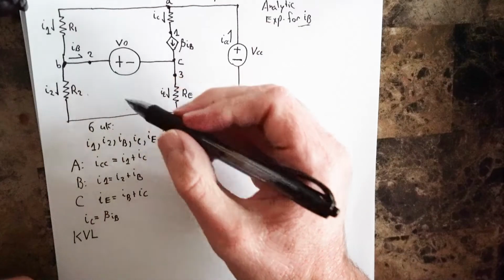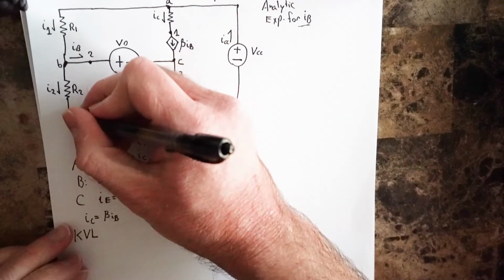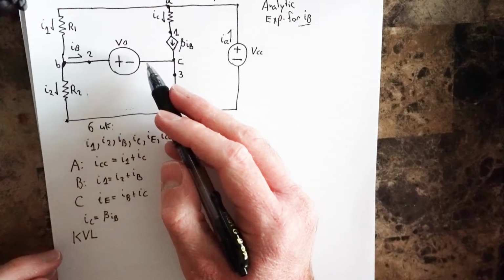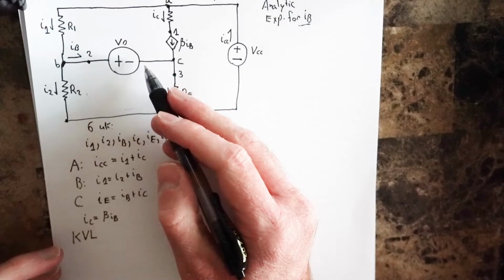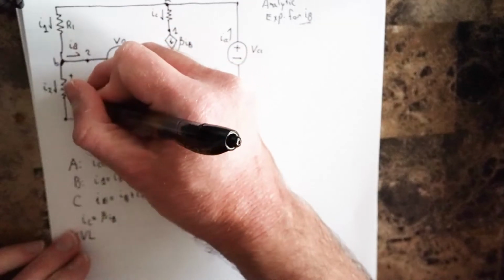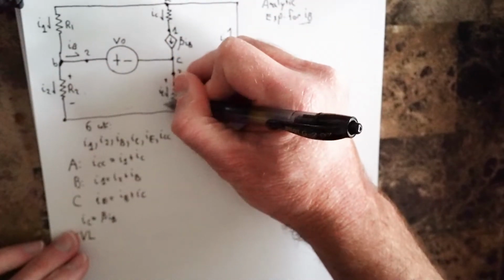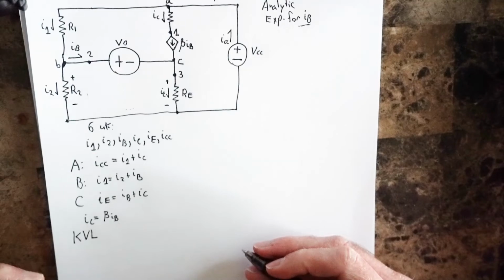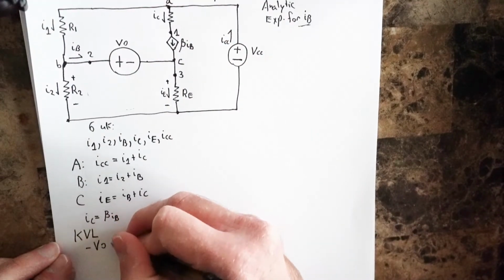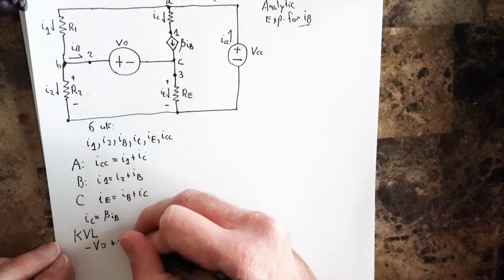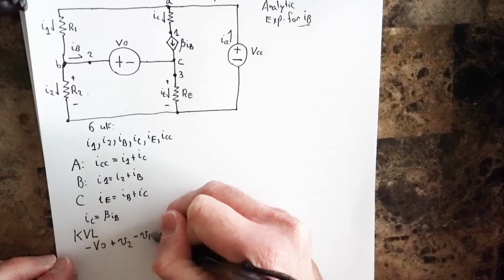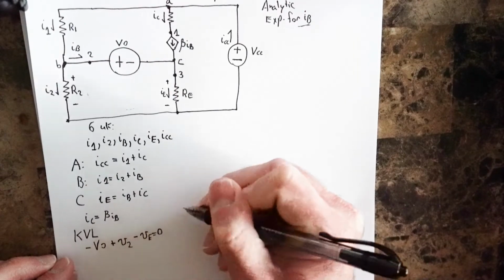with this loop here. Again, let's go ahead and label. I like to start at sources, and go ahead and label this as plus minus in terms of polarity. So if we start at the source, we have minus V0 plus, we'll call this V2, minus VE is equal to 0.